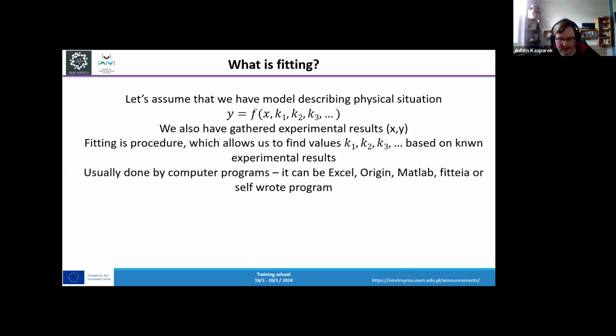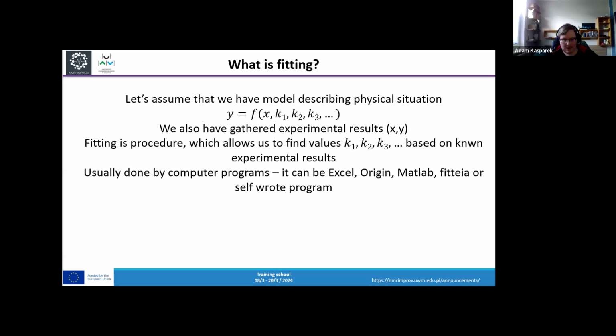So first, during our presentation and our work, we very often say that we fit some model to some values. So let's say what we mean by that. We have some gathered experimental results. We want to use them to describe reality, to describe what was going on during our experiment.